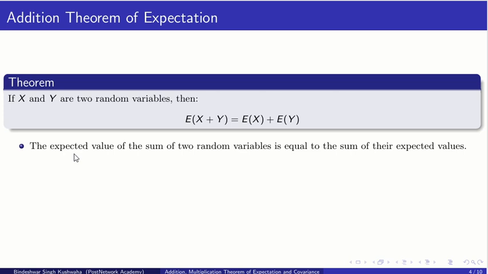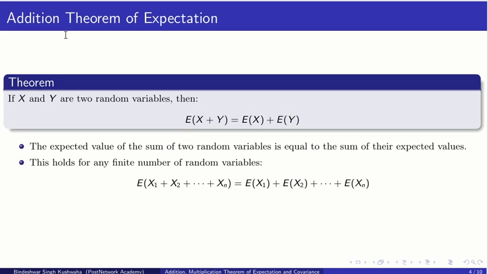So the first theorem is that if there are two random variables x and y, then the expectation of their sum is equal to the expected value of x plus the expected value of y. So that is linear, you can say that. And if there are n random variables, the expectation will just get distributed.